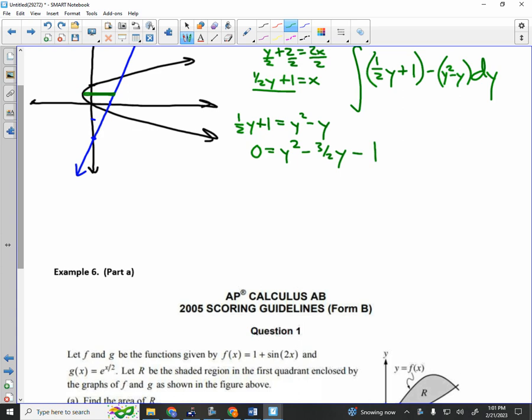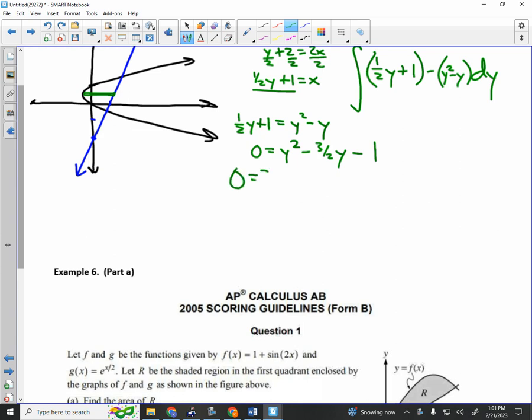Minus 1. I don't like factoring it if it has a fraction in it. Since it's set equal to 0, I could multiply through by 2. If we multiply through by 2, everybody see how the fraction will go away? And it's great to multiply through by 2 because 0 times 2 is still 0.